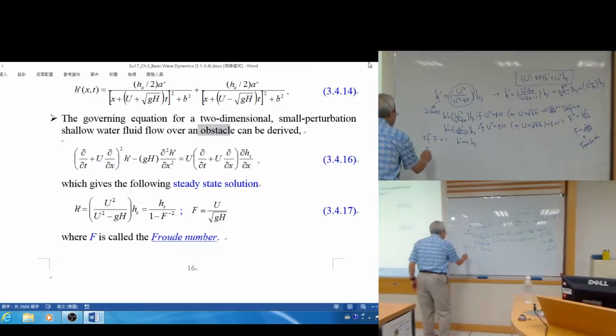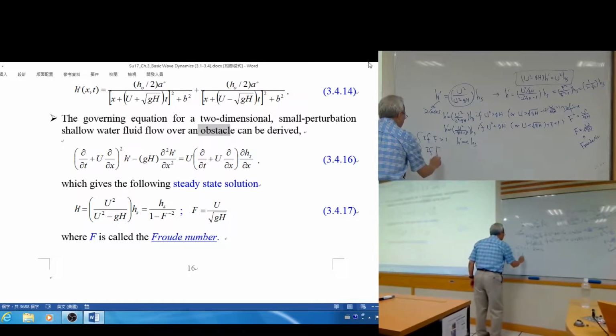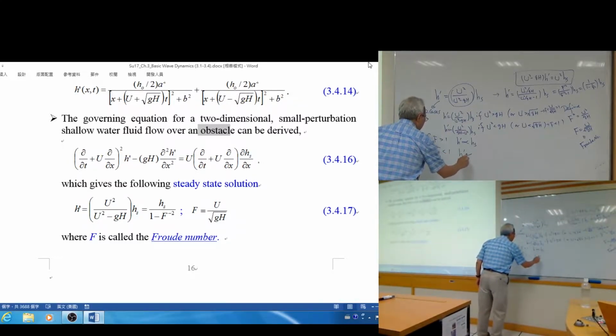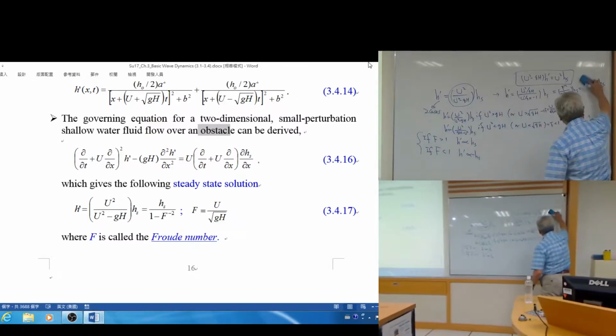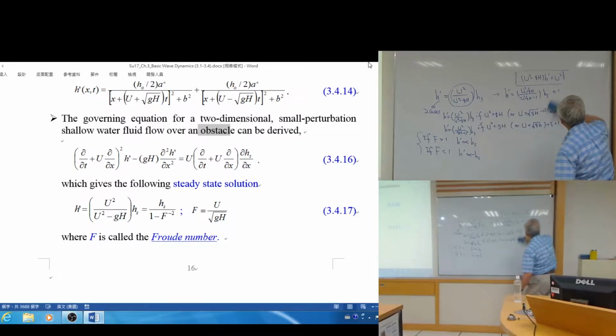If the Froude number is less than 1, h prime is proportional to negative h sub s. So those details I just kind of ignore for now.